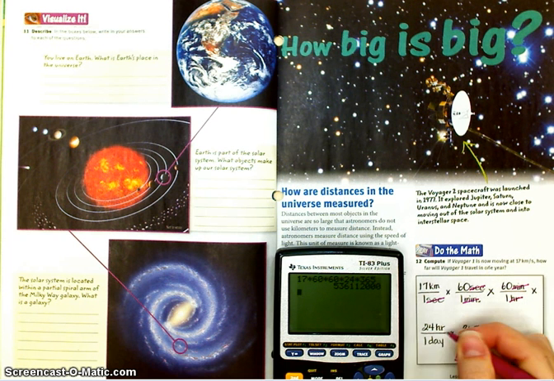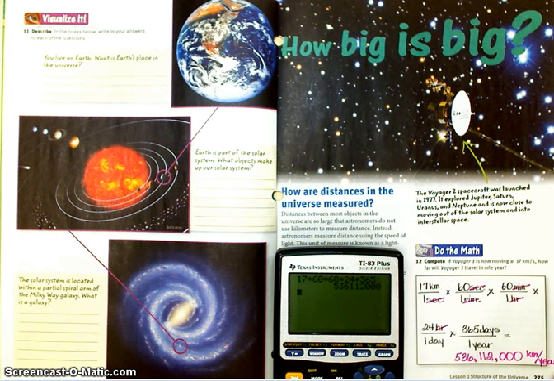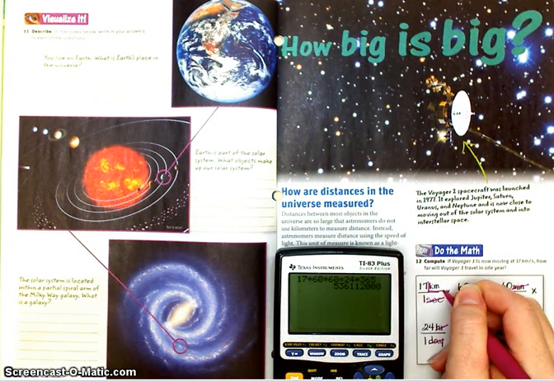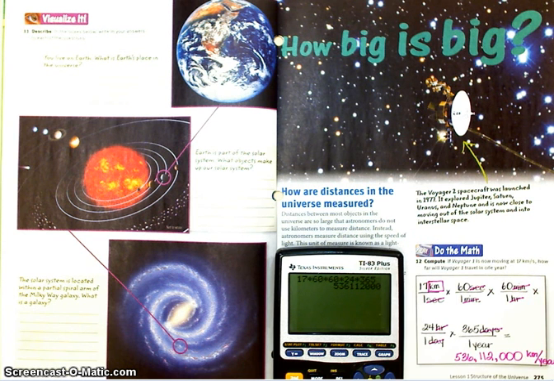Hours are down here, hours are up here, so they cancel. Day down here, day up here, so they cancel. The only thing I'm left with on top is kilometers, and the only thing I'm left with on bottom is years. So when I do all the multiplication, I get kilometers per year.